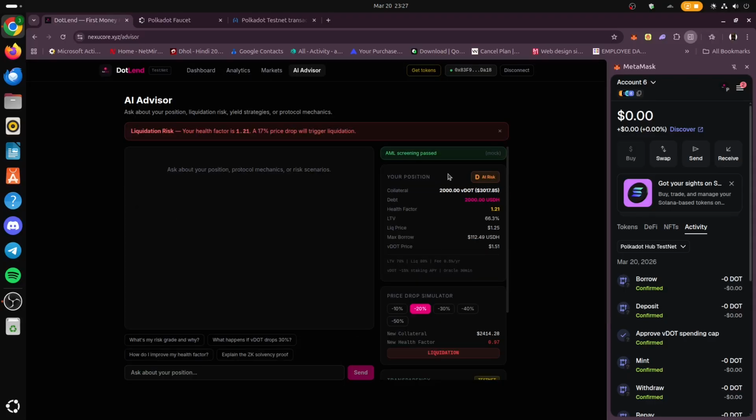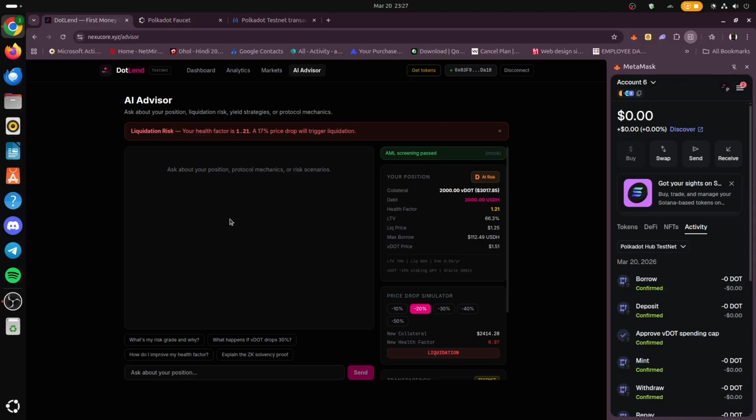So what this AI advisor does is, it reads your on-chain position: your collateral, the amount you borrowed, the amount of vDOT at that time, and what the LTV ratio is. Let's do a price drop simulation.